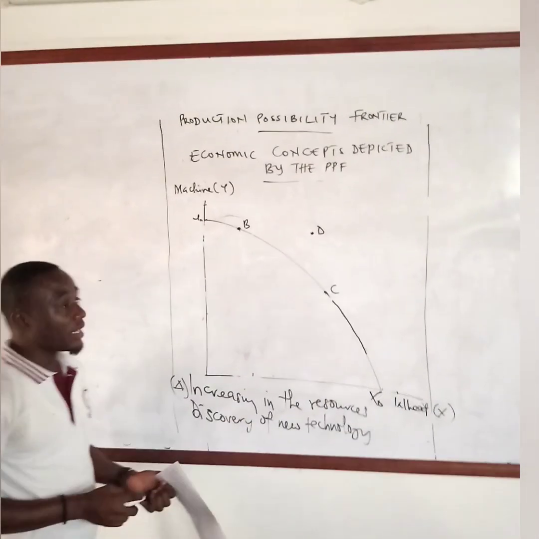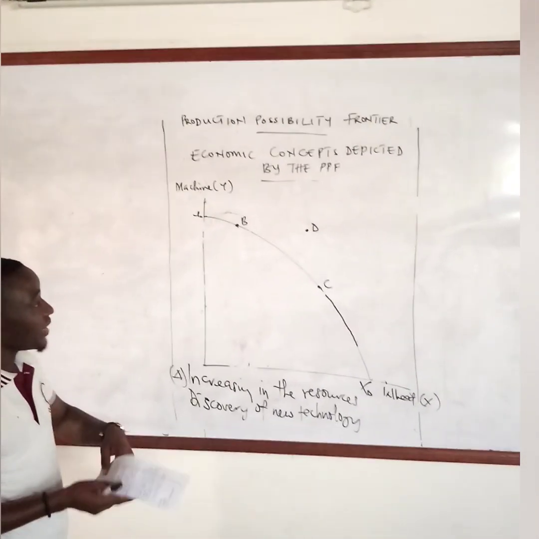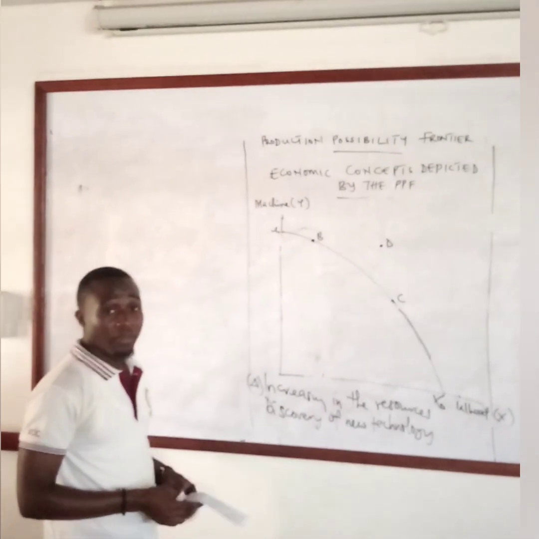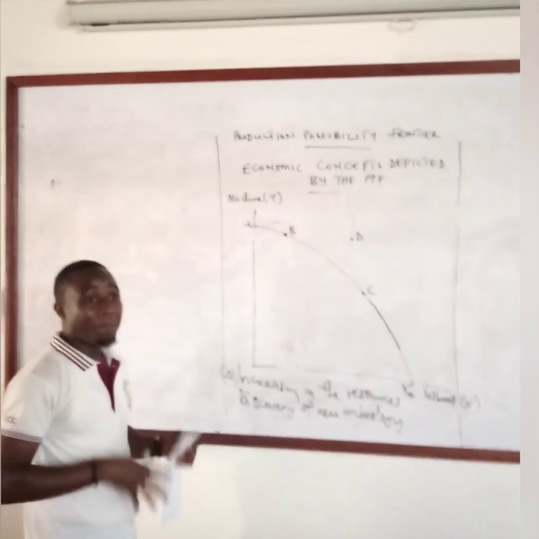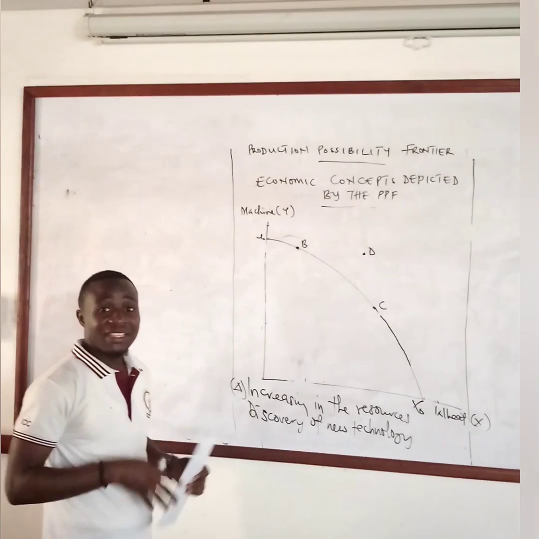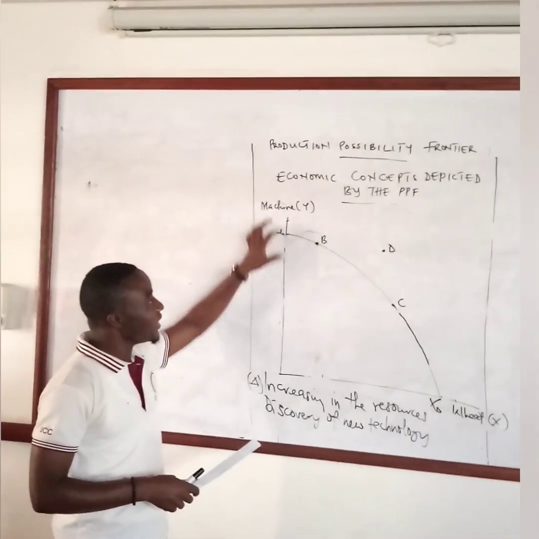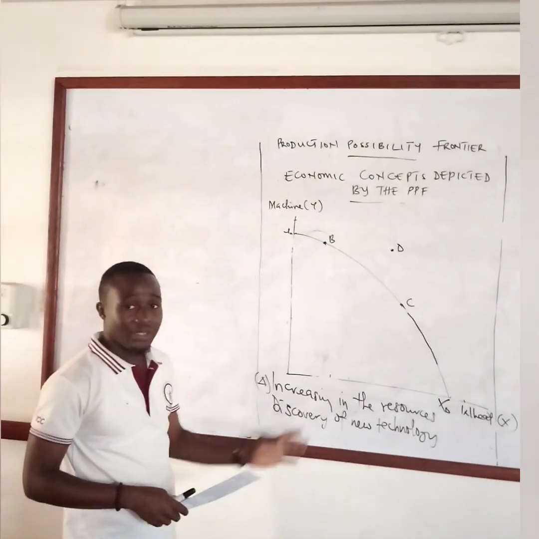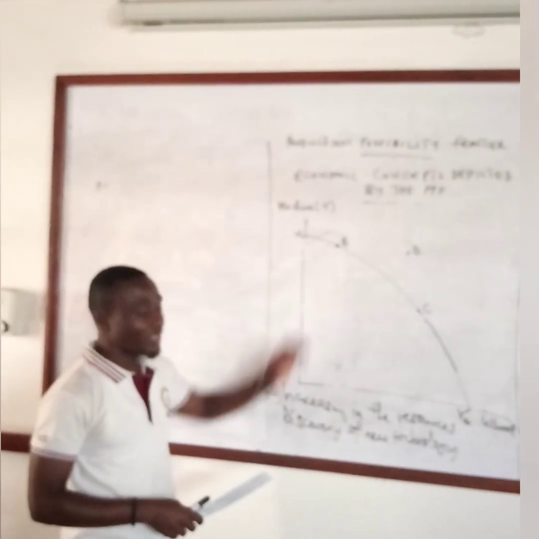When we discover new technology in the production of either of them or both of them, we will get to D. But how do you get to D? It's either there is a rotation in Y or X, or there is a bodily shift in the PPC.